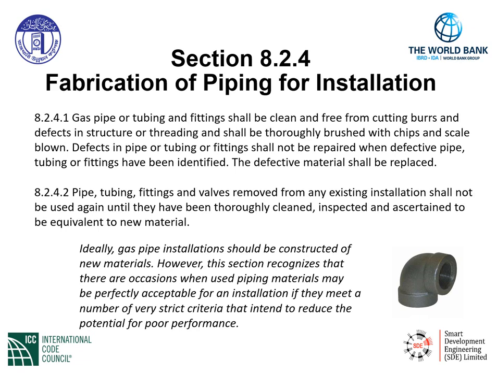However, we have this section that allows reuse of existing materials. If the materials are adequate, durable, and ascertained to be equivalent to the new material, then the authority may accept these materials as being acceptable for installation in the gas piping system.